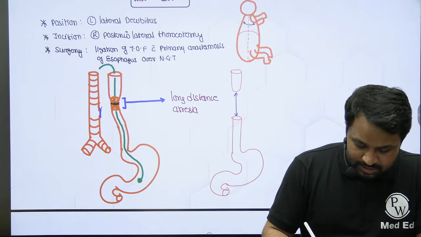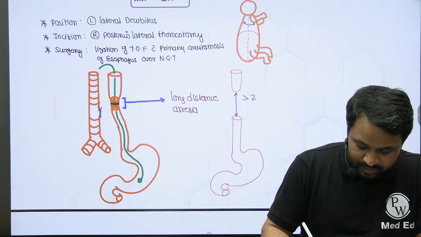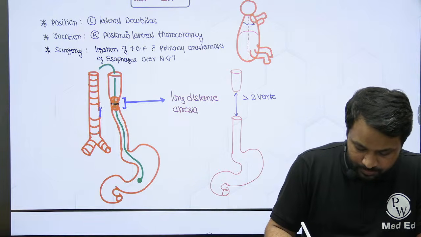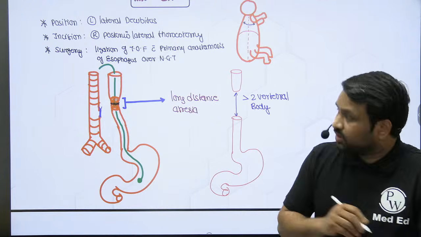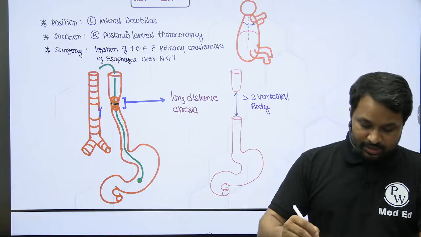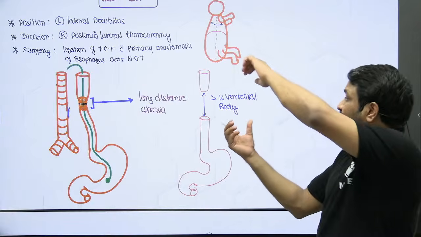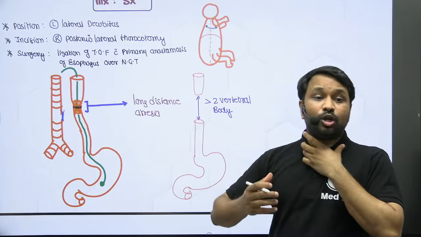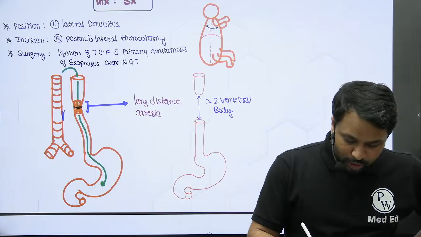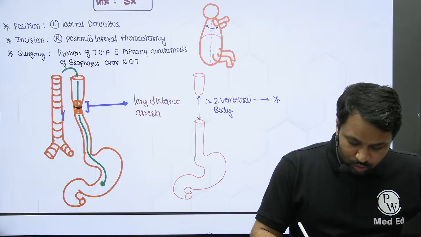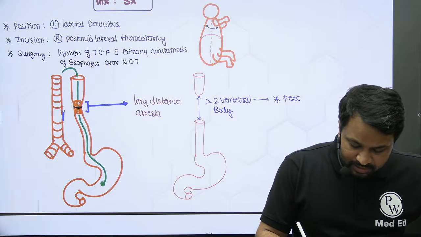So this distance, if it is measured, if it is more than 2 vertebral body distance, it's a long distance atresia. Here I cannot pull and make an anastomosis, it will be under a lot of tension. So in this, what should be done? I will do a feeding jejunostomy.